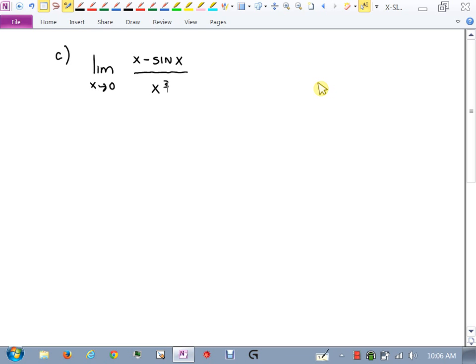So you're getting 0 over 0, right? Apply L'Hopital's rule. You get what?